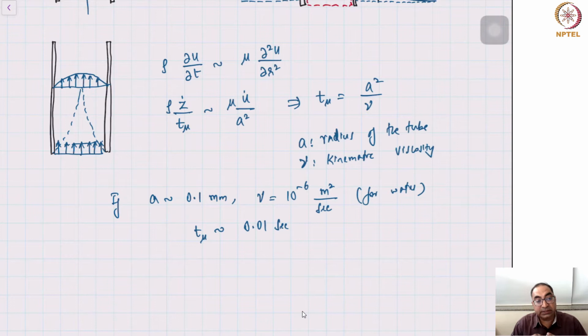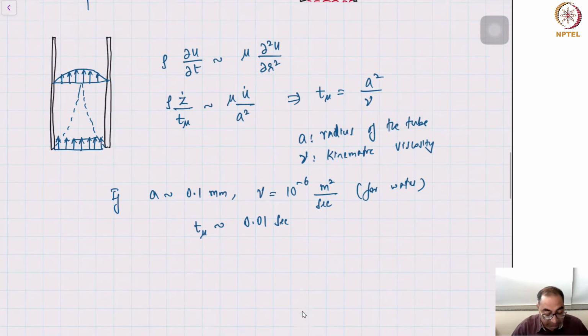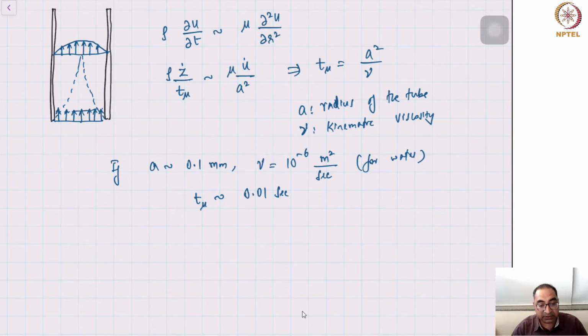So what I'm trying to convey is that if the tube is very thin, then you would expect a fully developed state to be achieved practically instantaneously. So the fully developed state assumption is a fairly good assumption. One can easily calculate the typical value of T mu for thicker tubes. If a is 0.5 mm, you'll see that T mu is 0.25 seconds. So it's basically quite small.